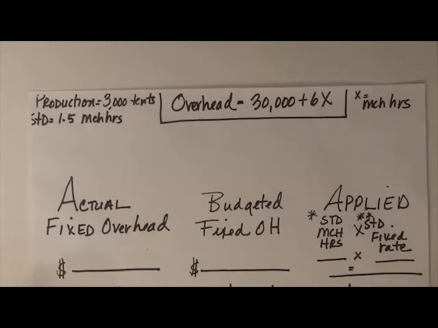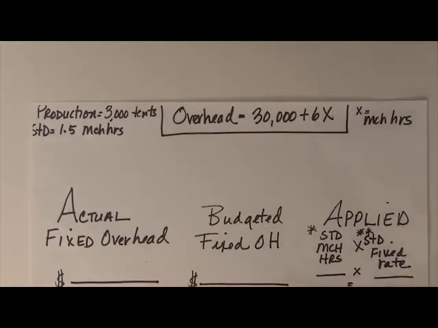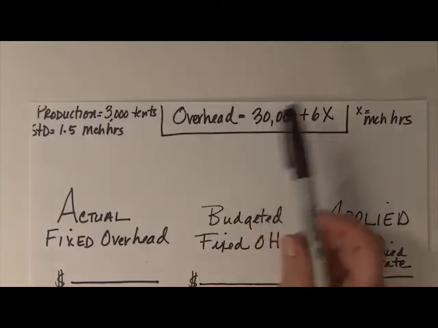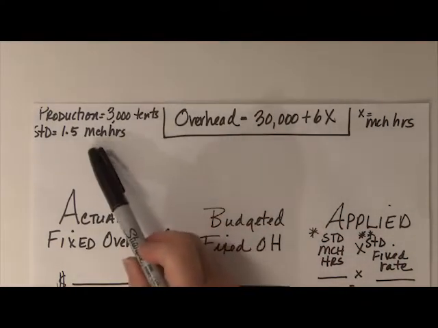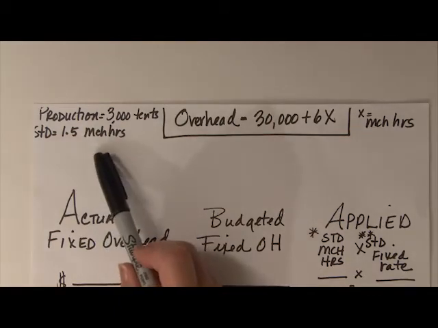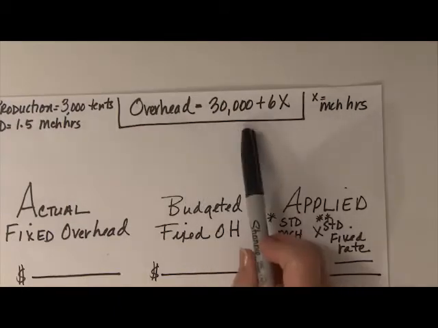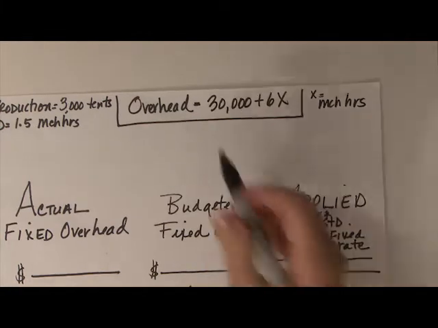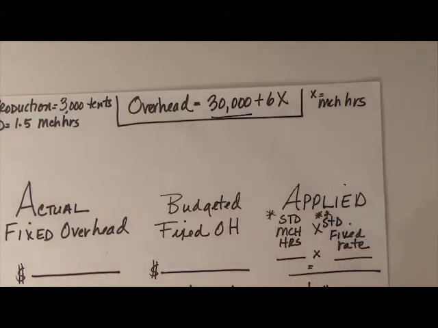Let's start to look now at the fixed overhead part. And again, we're going to continue on with this same example where we're making tents, 3,000 tents, and each requires 1.5 machine hours. And again, this is our cost formula. And of course, now we're focused on this part of the formula, which is the fixed cost.